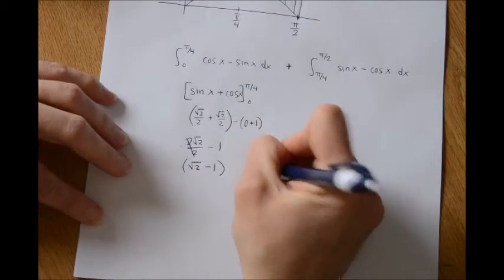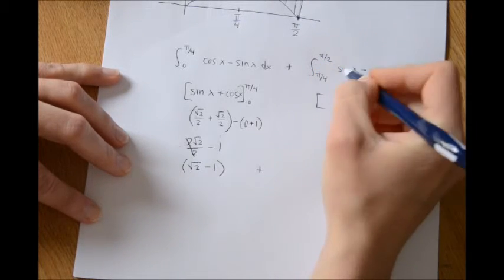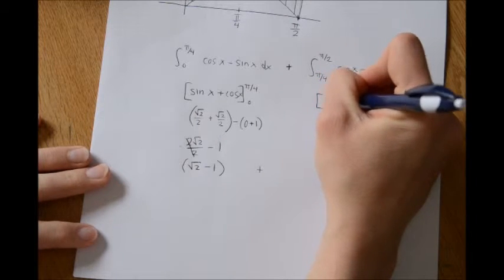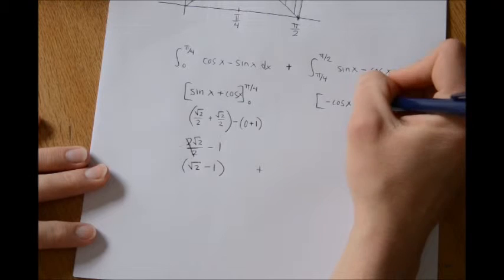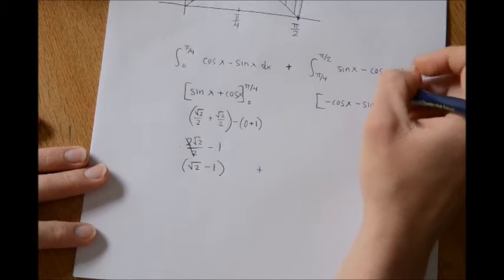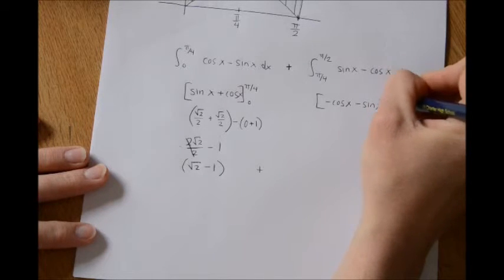And we're going to need to add that to the area of this integral. Okay, so the integral of sine of x is negative cosine of x. And the integral of negative cosine of x is negative sine. And we're going to integrate that from pi fourths to pi halves.